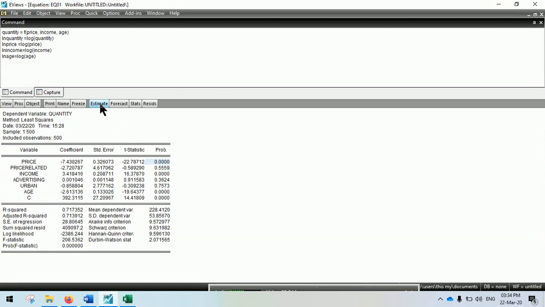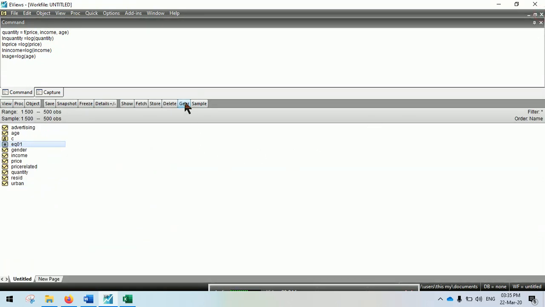I put here, suppose there is one here, generate. Where is it? I have one option here that is missing. Okay, I close this. Yeah, here.